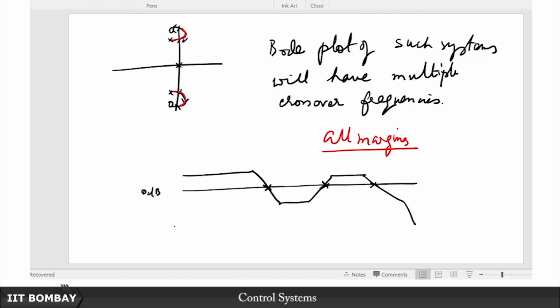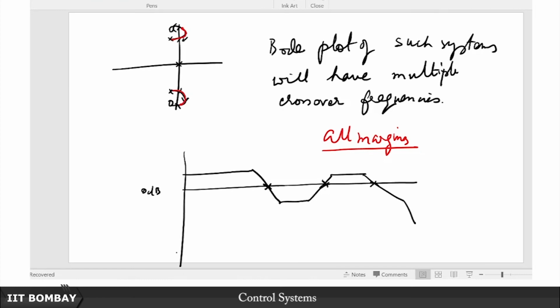So obviously you have to then look at the phase plot as well for this sort of a system, right. So if you look at the phase plot, for example, something like this, then something like this, then again something like this, probably, I don't know, something like this again. Okay, you can be a little cautious about this.